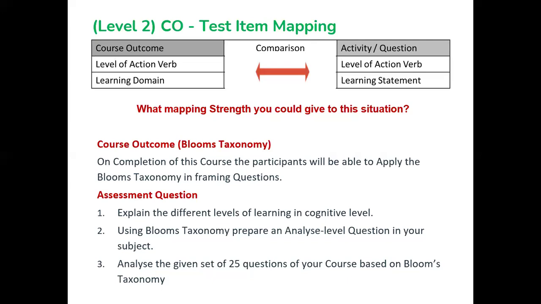The food technology people had designed the CO on a remember level and understanding level. But they are teaching how to prepare food, and the students are doing it practically. They are preparing food, so that means they will be able to apply what all things they have studied. So they have changed their CO to apply level now.